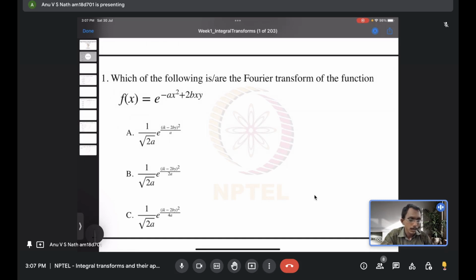Here we have three options. I first want you to try this question, and if possible, you can tell me the answer, whether it is A, B, or C. I may give you 1 or 2 minutes to try, because this is a 1 hour session and I have some more problems to go through. I will wait for 1 or 2 minutes for your answers, and then I will start explaining how to do this.